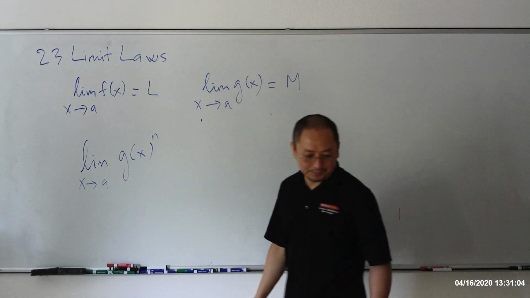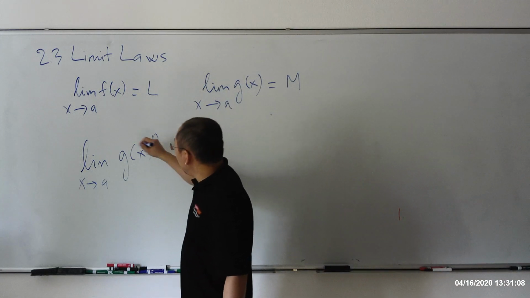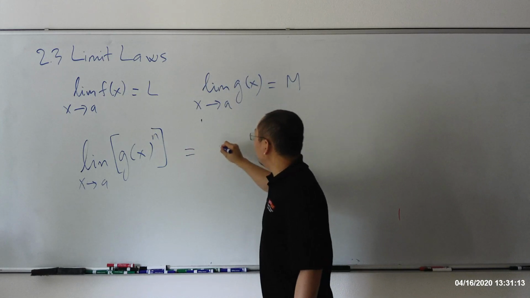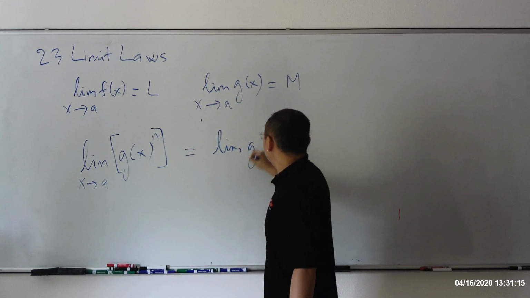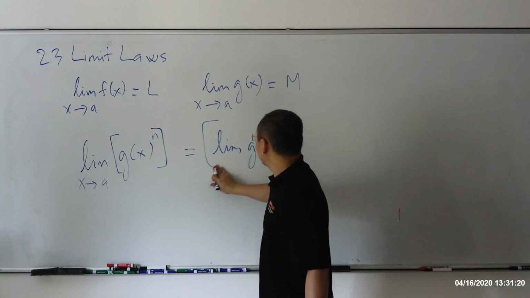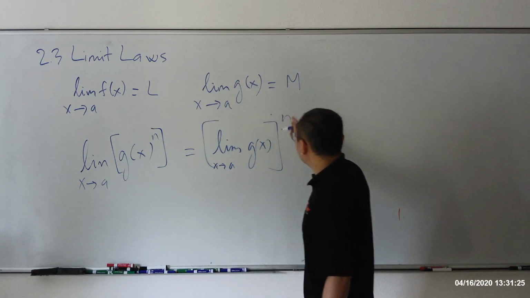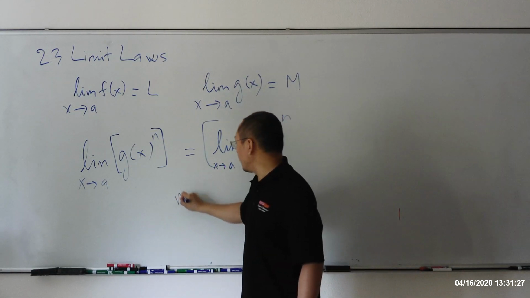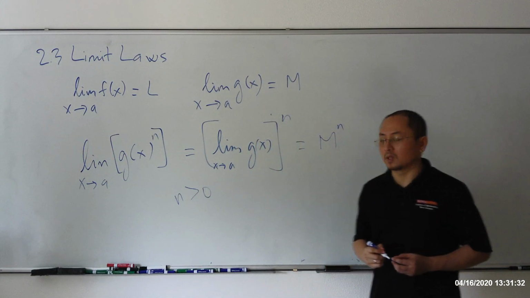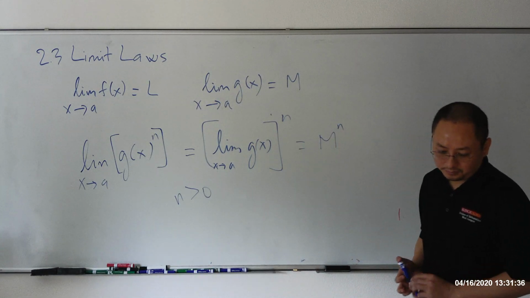So here the exponent n is on the function g, and I claim this is going to be equal to the limit of g of x, with the whole thing raised to the power n when x goes to a again. And we have one condition for the exponent n: n needs to be a positive number. This is equal to m to the n.